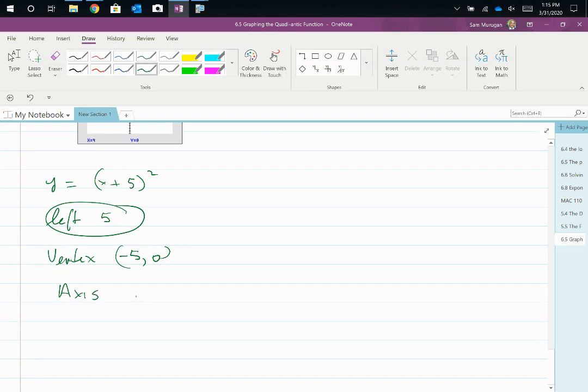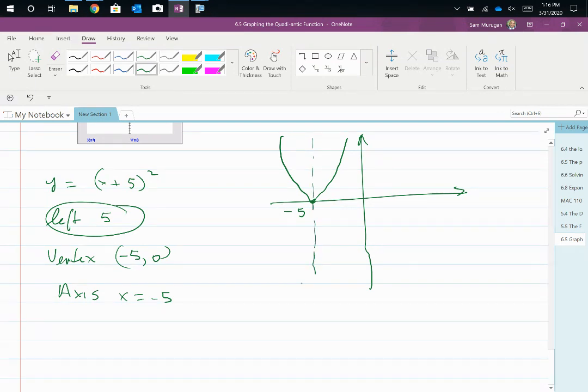The axis is x is equal to negative 5. So what will literally happen to this graph is that it will move to negative 5. It will go 5 places to the left. Then the axis is the vertical line going through that middle, x is equal to negative 5.